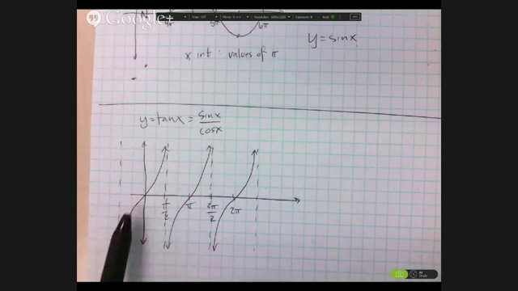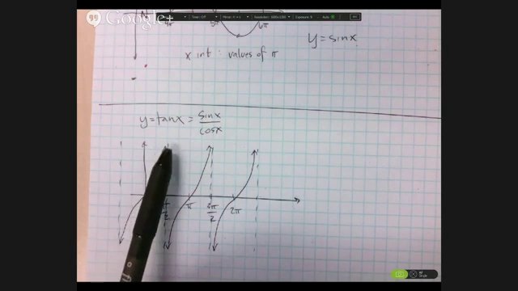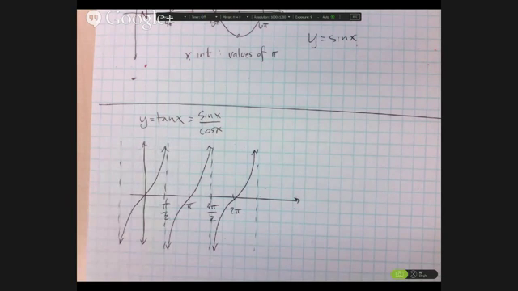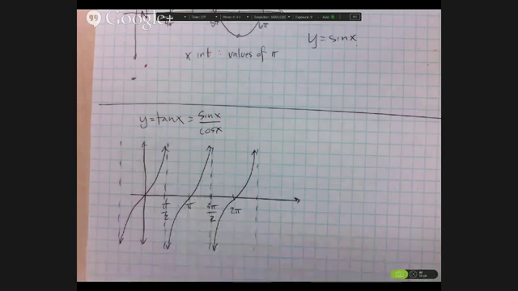So if we're approaching pi over 2 from this direction, what happens to the y value? Goes to what? Infinity. Yep. If we approach it from the right, we go to negative infinity. Okay, so we start to be able to analyze end behavior and stuff with tangent. Again, purely informational. Any questions? Bueno.